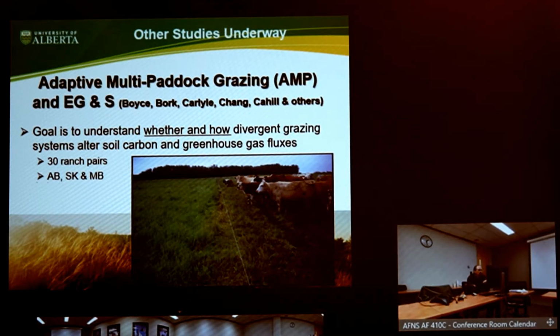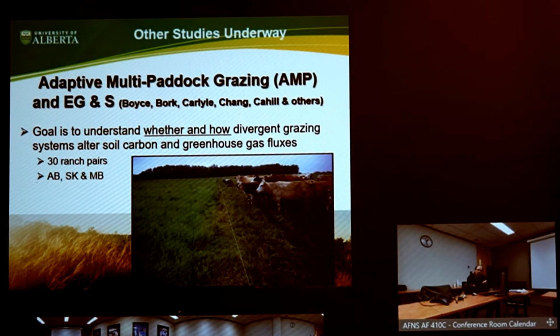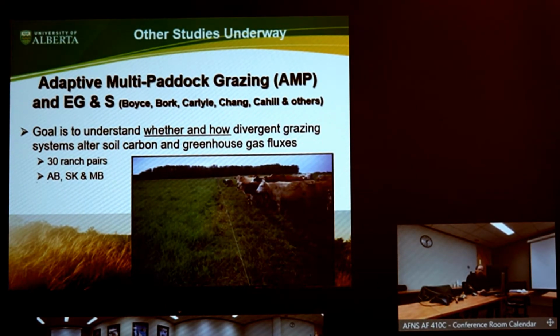This project is basically doing an assessment of 60 ranches across Alberta, Saskatchewan, and Manitoba, where we're looking at how adjacent differences in the type of grazing system, meaning the frequency of grazing, the length of rest periods, and so on, change everything from plant biomass, plant diversity, to carbon storage in the soil, greenhouse gas flux, and so on. This is, again, a very large-scale investigation. It's happening on commercial working ranches, and they're distributed widely across the 3 prairie provinces. So that work is about halfway through right now.